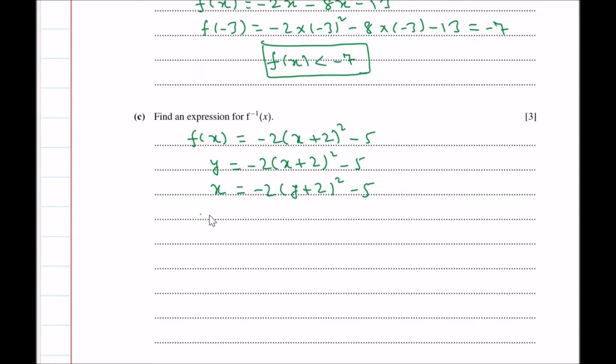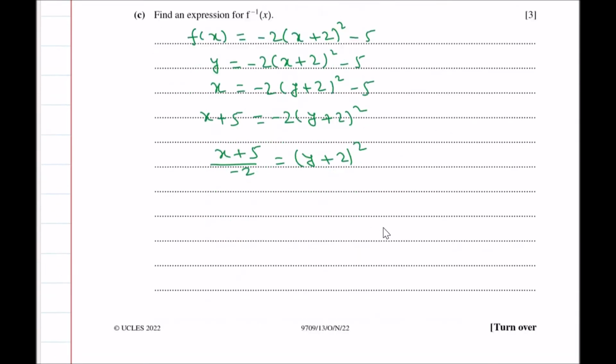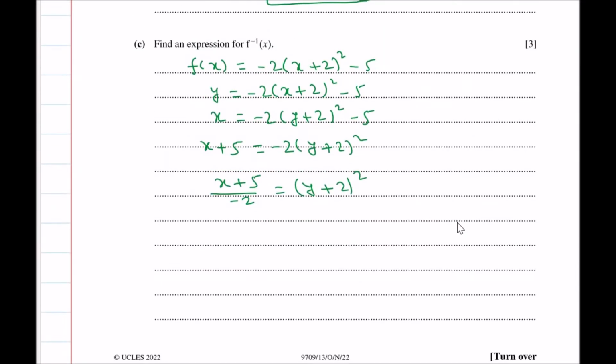So we get x plus 5 is equal to minus 2 into y plus 2 whole square. Now x plus 5 divided by minus 2 is equal to y plus 2 whole square. So far clear?